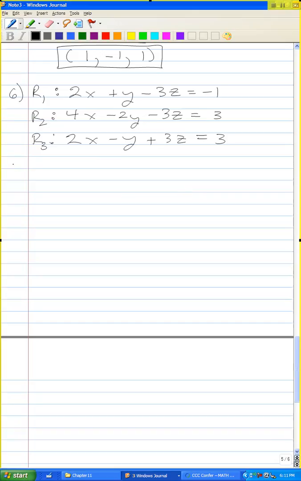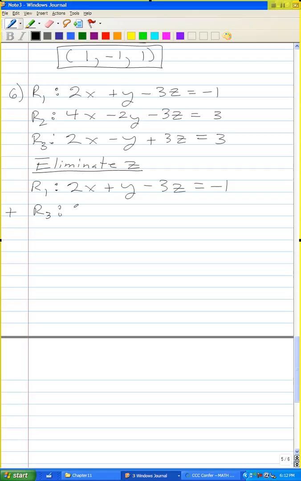So why don't I do R1? So I will eliminate z. So let's do R1. 2x plus y minus 3z is negative 1 plus R3, 2x minus y plus 3z equals 3.